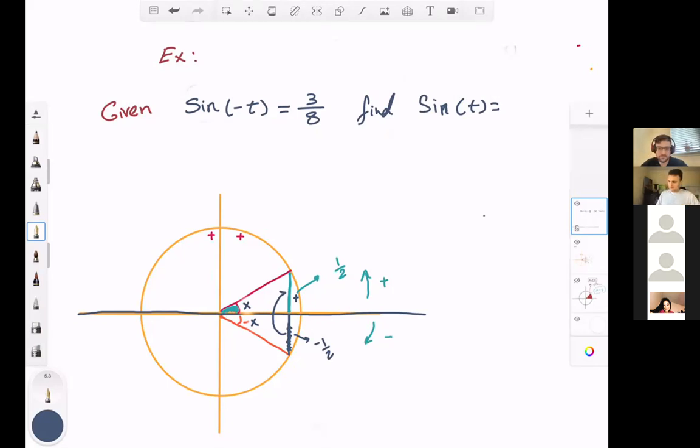Negative 3/8. All right, so A is 3/8, B is negative 3/8.